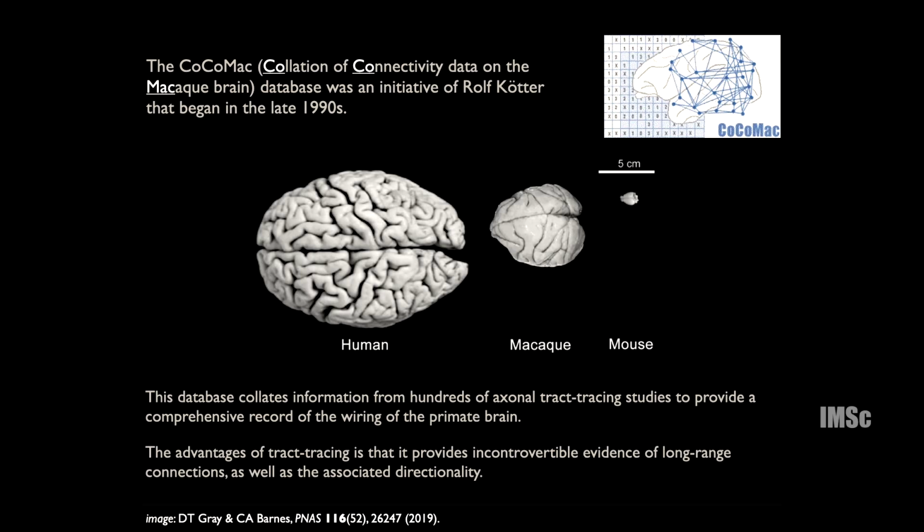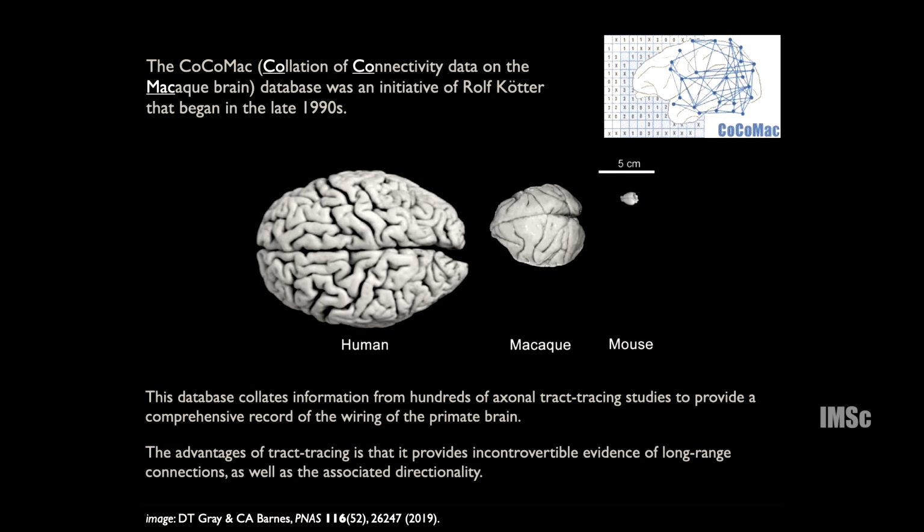There was an initiative all the way back in the late 90s by Rolf Kotter, which was to create a database which brings together all the information that, up to that point, people knew from published studies about the connectivity data of the macaque.